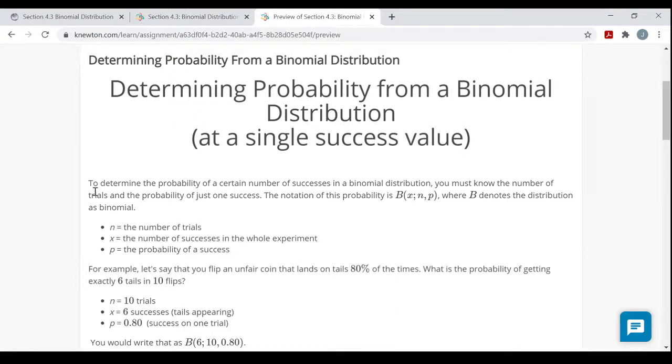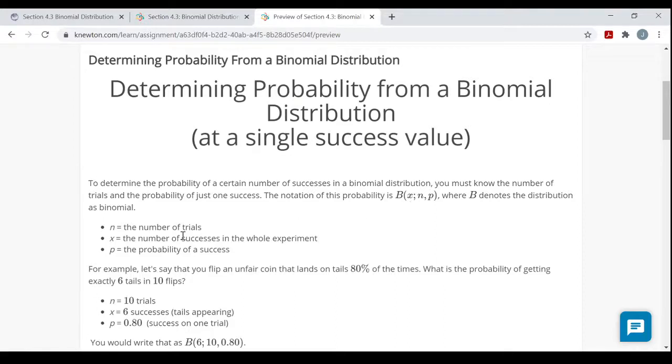So, to determine the probability of a certain number of successes in a binomial distribution, you must know the number of trials and the probability of just one success, that p, the probability of getting a success on a single trial. The notation of this probability is b, for binomial, and then you have the number of successes you'd like to find the probability of.